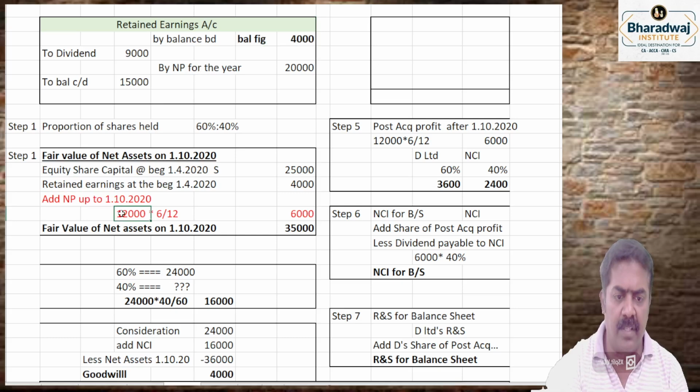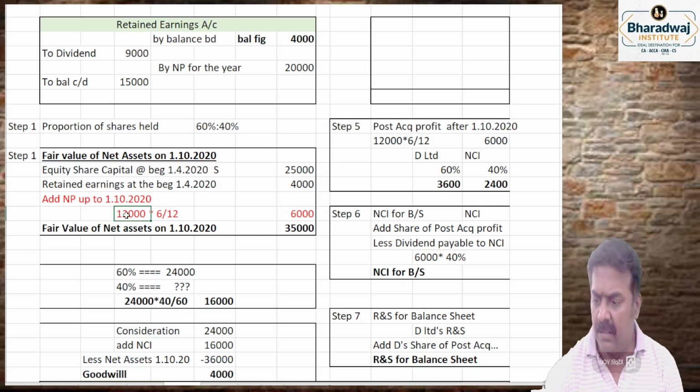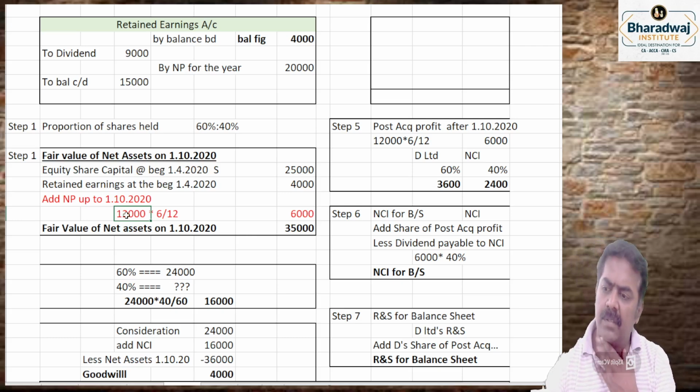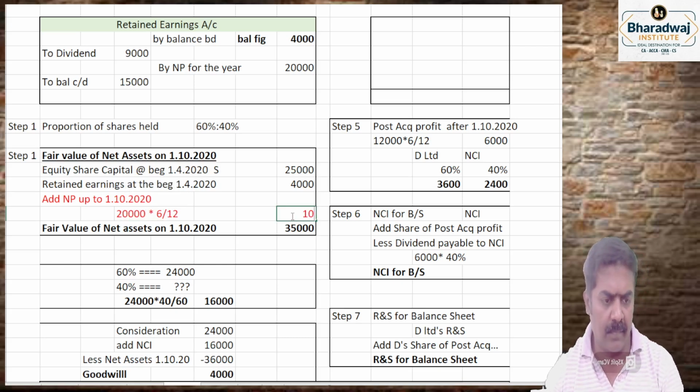Net profit earned for the year is 20,000. How many months will become pre-acquisition profit? 6/12. So it will be 39,000.